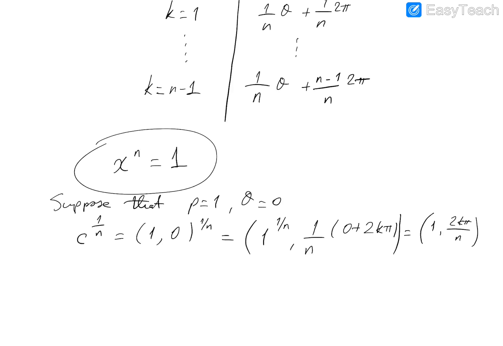So by giving k n many different values starting from 0 to n minus 1, we get n many different roots of unity. Okay?